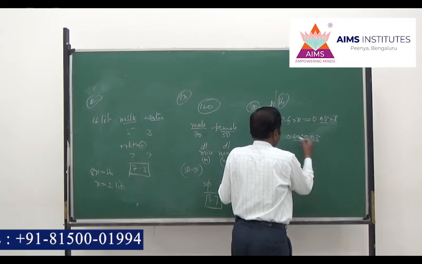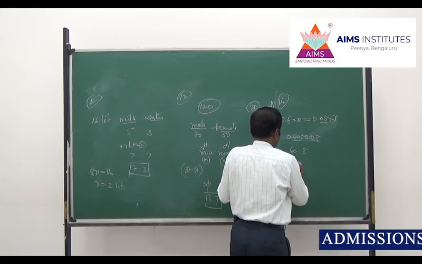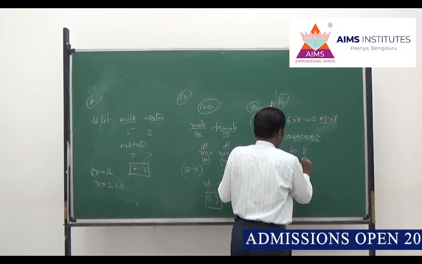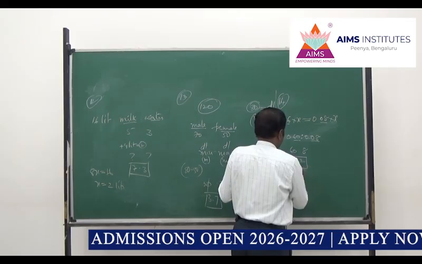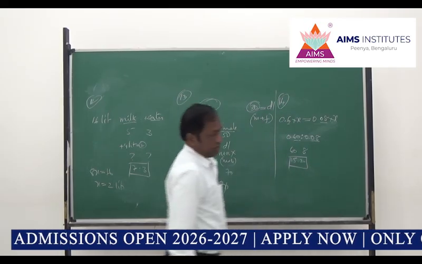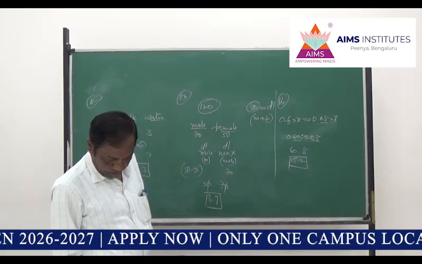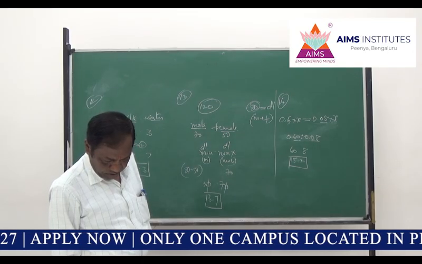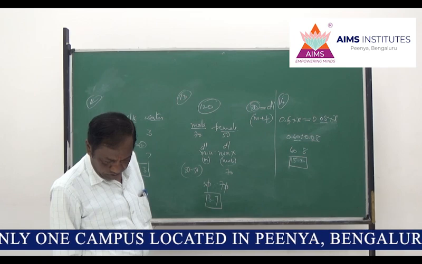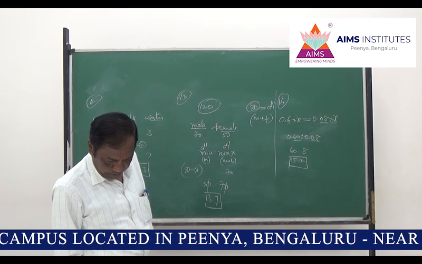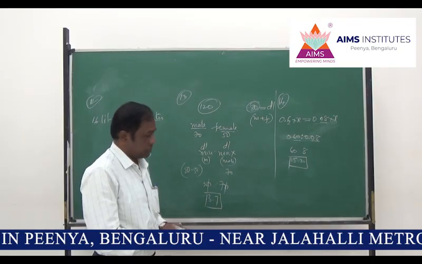Now ignore the decimal. 60 is to 8, which is 15 is to 2. That option is not there. The ratio of two numbers will be needed. If I take the percentage, I will try it.